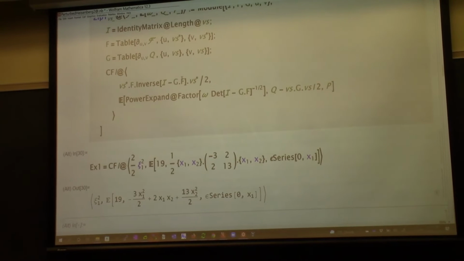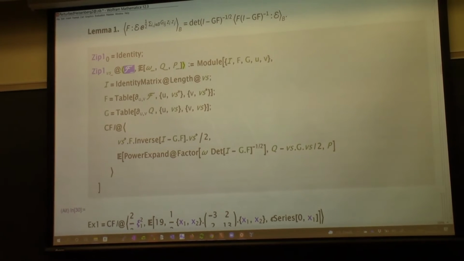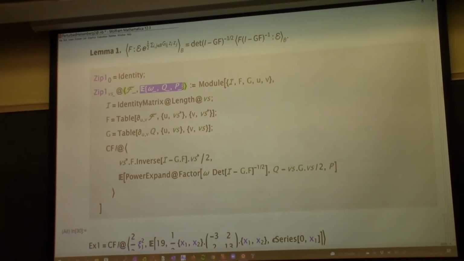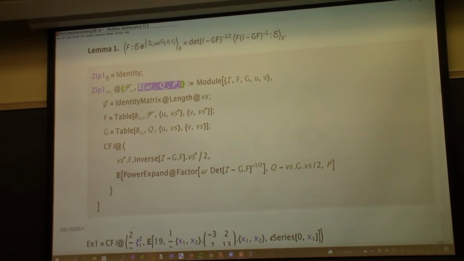Anyway, let's go through the program. But the program is dull. There's nothing to say. So zip is my name for apply the lemma. If you want to apply the lemma to F and this, and E of omega QP, then you generate the identity matrix of the right length.